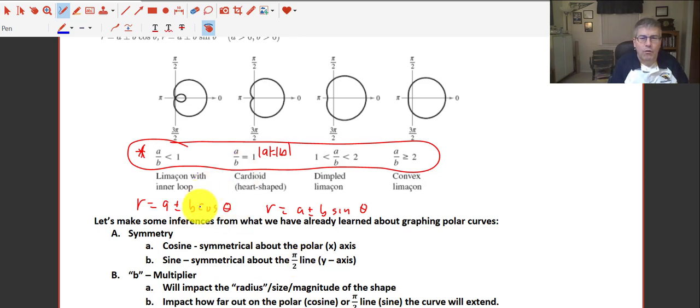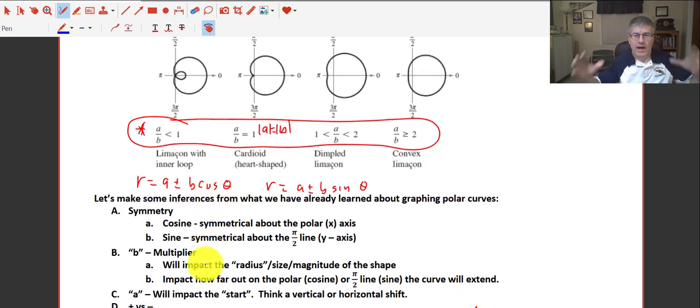B, the coefficient on cosine or sine, is going to be a multiplier. That's going to impact the radius or the size or the magnitude, like how big our shape is or how small our shape is.